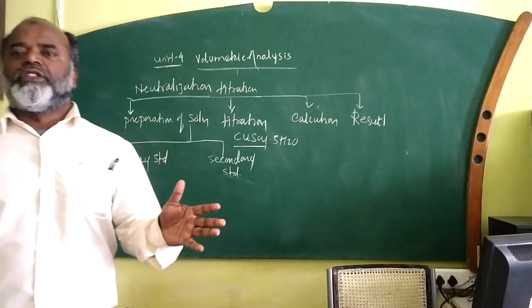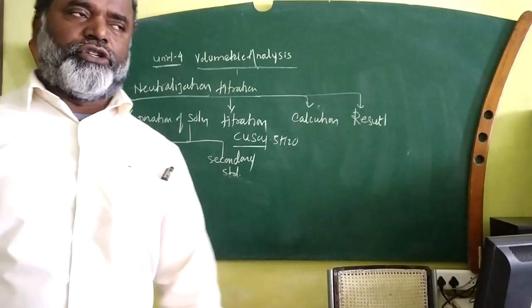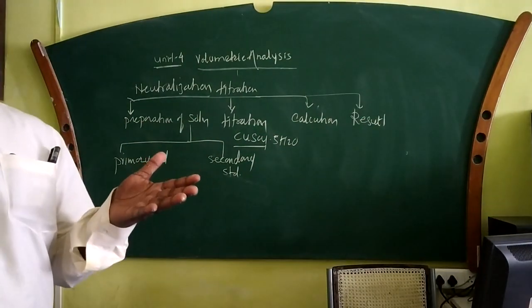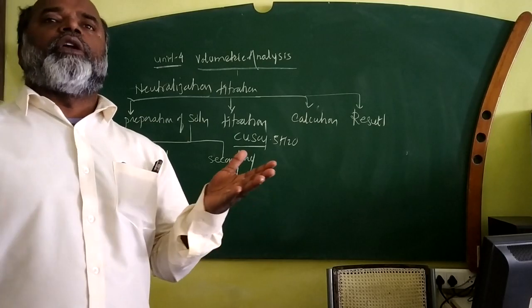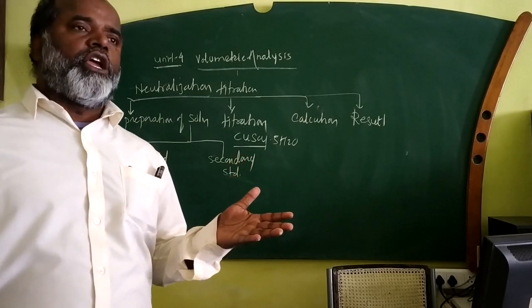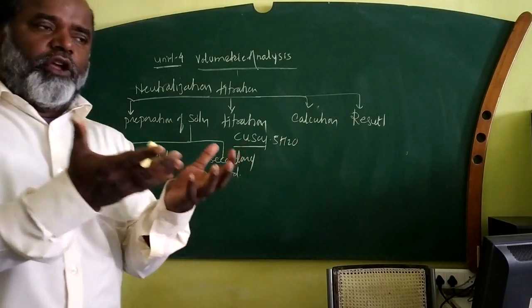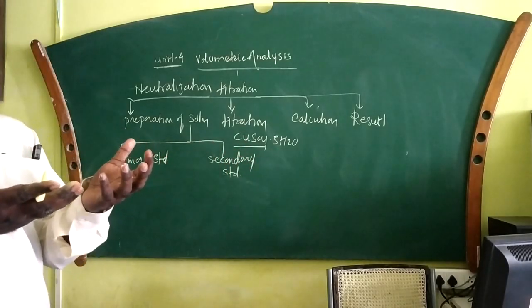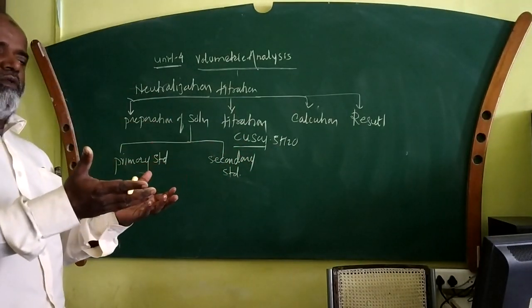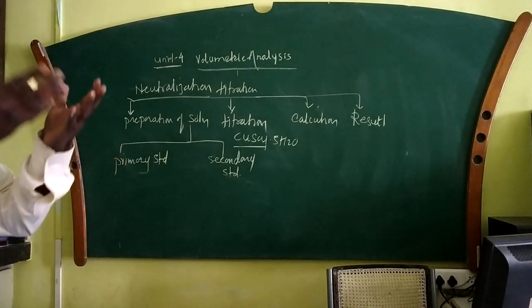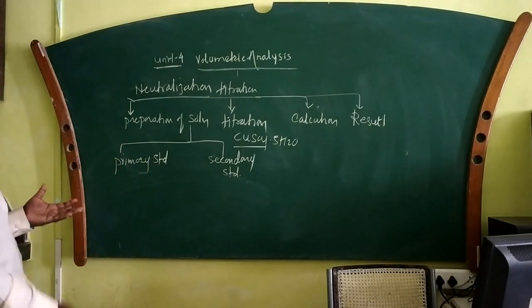Secondary standard means this will not give exact concentration. Your substance may be hygroscopic, it may be oxidizing in air, or while preparing that solution, you will not record the exact weight, and therefore when you dissolve it in a given quantity of solvent, you will not get exact concentration.